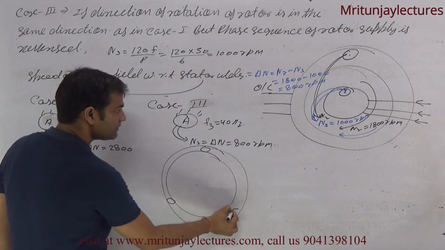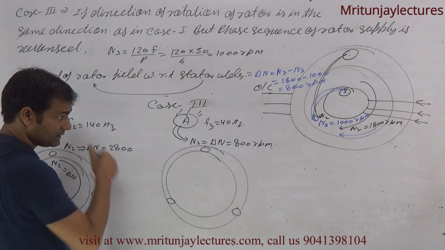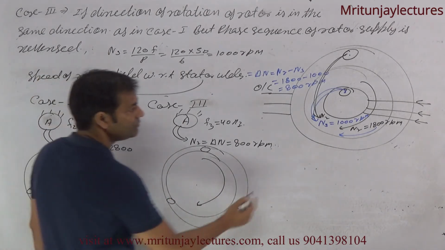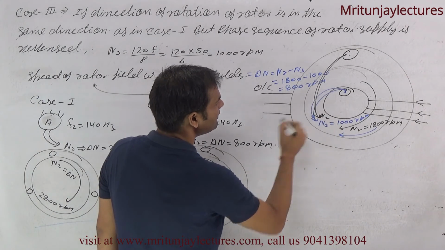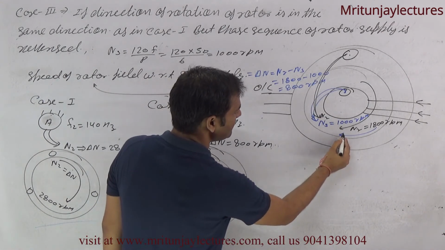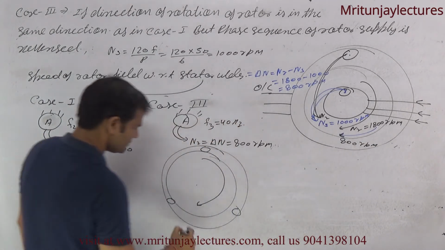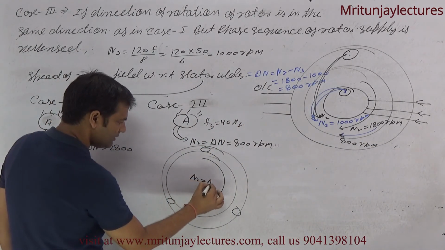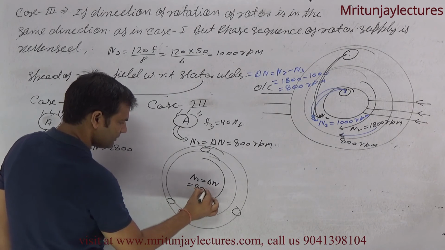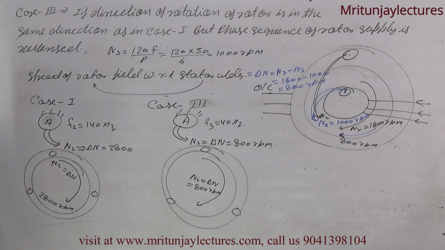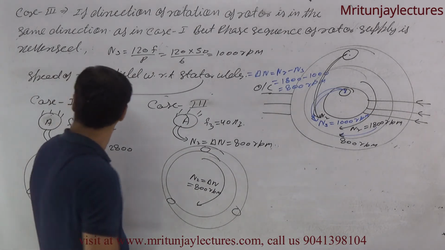Now the phase sequence. What about the phase sequence? The direction of N2, what about the direction of N2? Like this one, 800 rpm. So N2 is delta N, which is equal to 800 rpm. So the phase sequence is the same as in case first.